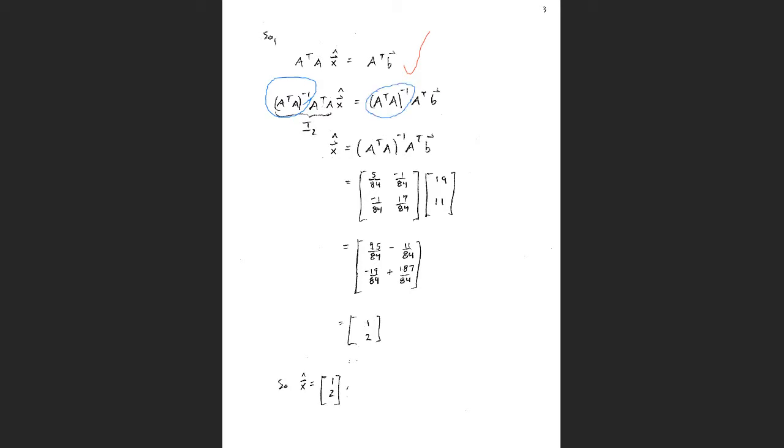And A transpose A inverse times A transpose A gives us the identity. And so X hat equals A transpose A inverse times A transpose times B. And I just worked out the math. I did it all by hand.